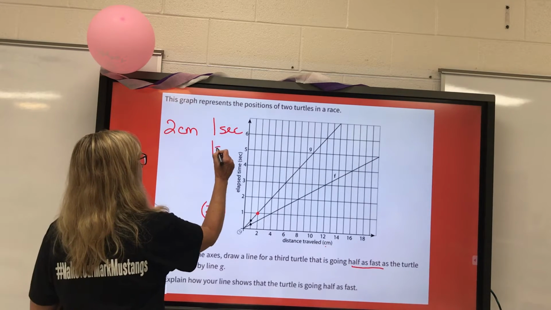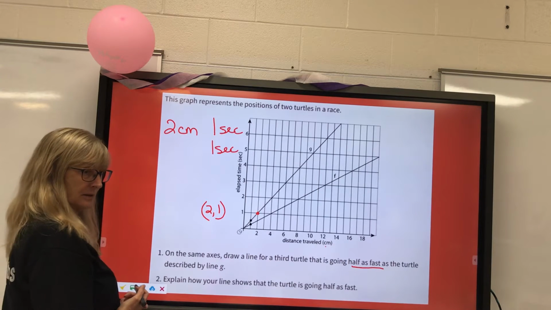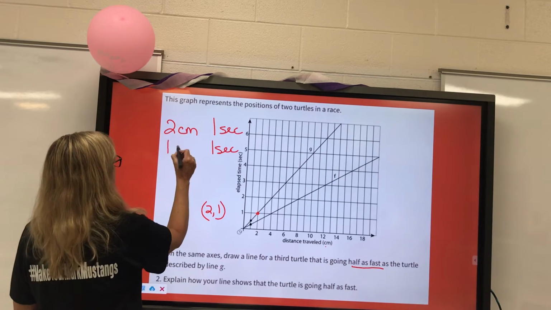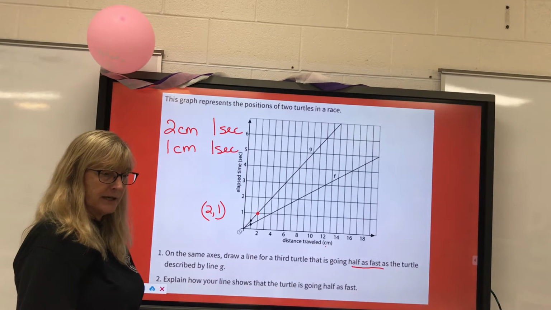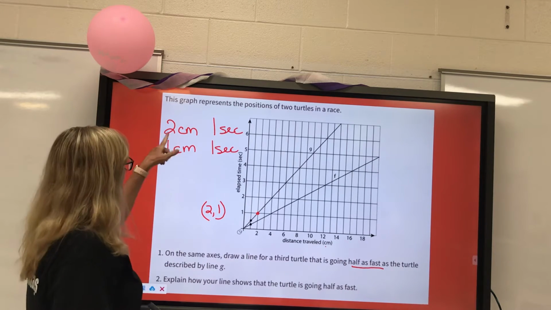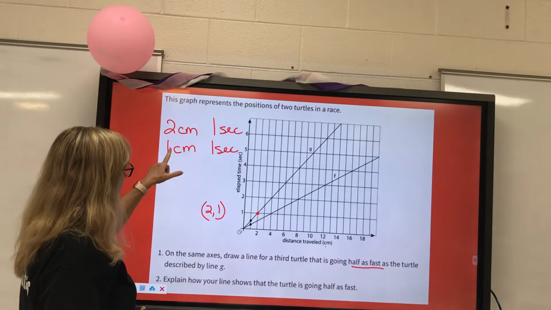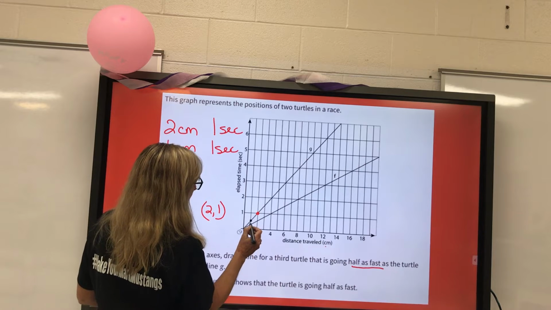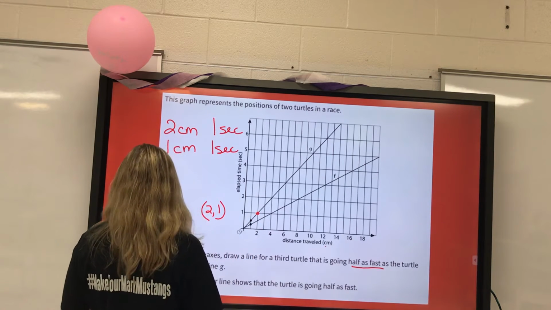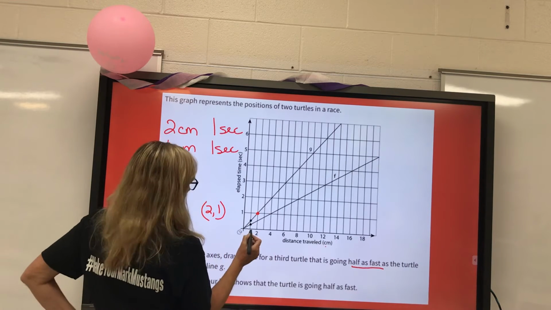So in 1 second, where will the new turtle be? Bella's holding up her finger. She said it will be at 1 centimeter. Give me a thumbs up if you agree. Good, because half of 2 is 1. So that means the third turtle is going to be at 1, 1, which is, let's do a different color. 1, 1 is right here.